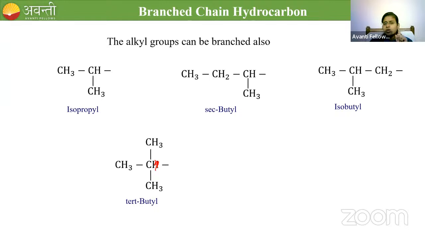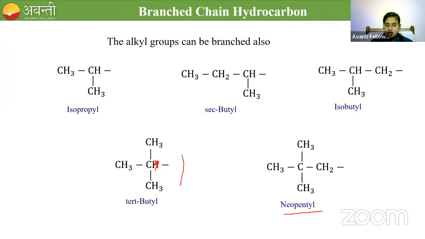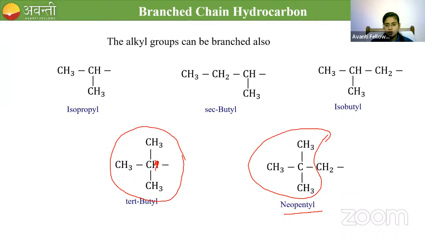One more thing I want to say, and with that I will close this. We have one very important alkyl group with 5 carbons: neopentyl. Draw tertiary butyl and attach CH2 to tertiary butyl, so that you will get neopentyl.